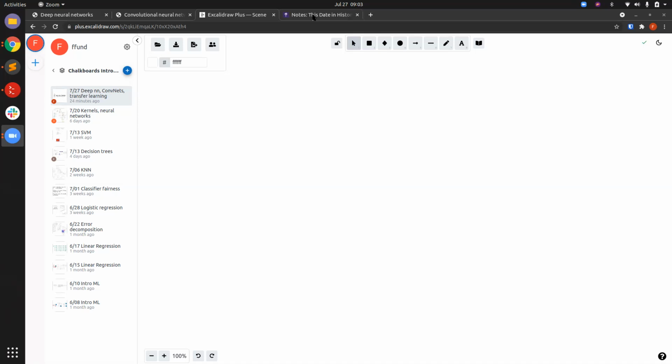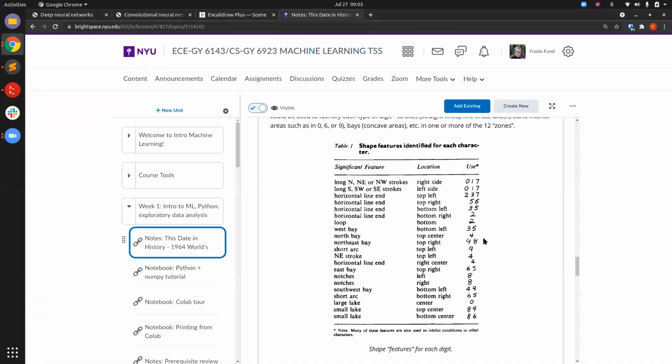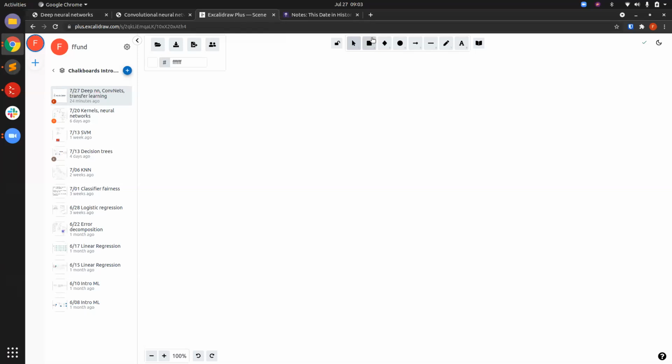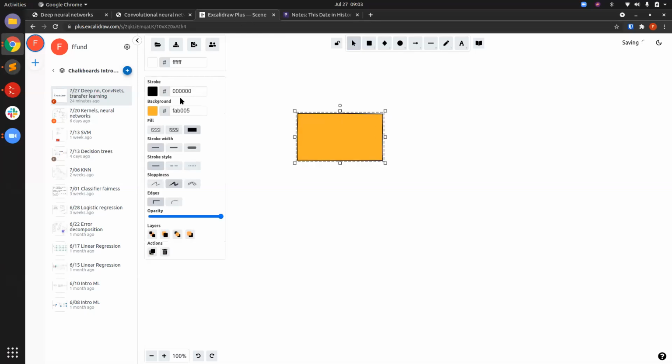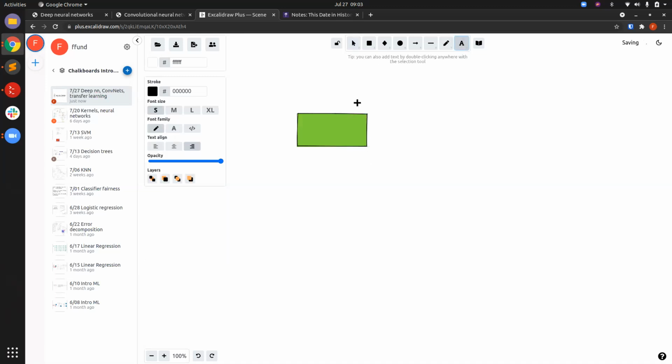You might remember we started off the semester talking about this example from the 1964 World's Fair of handwriting classification. In that example, we take some input like a handwritten digit.